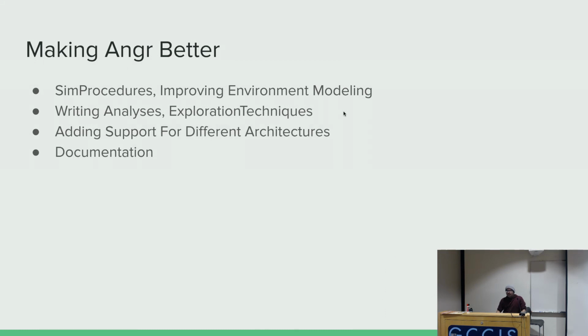You can subclass an exploration technique, which allows you to hook in at every step that Angr is executing and, say, print this or that. You can also add support for different architectures. Even though the documentation for Angr is really good, if you're interested you can look at it at docs.angr.io, and there's great API documentation.